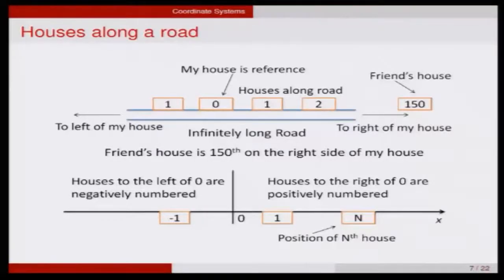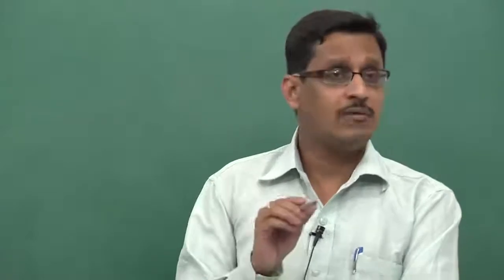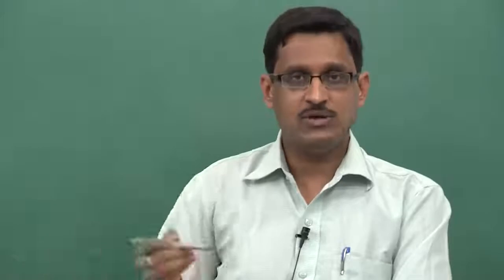So, if for example, we have a mutual friend and I want to direct that mutual friend to my friend's house which is at 150 to the right of my house, I have to specify: go along the right of my house and stop at the 150th house. So, I have to specify both direction as well as the distance or the house number to which I have to go. So, this is a one dimensional system.